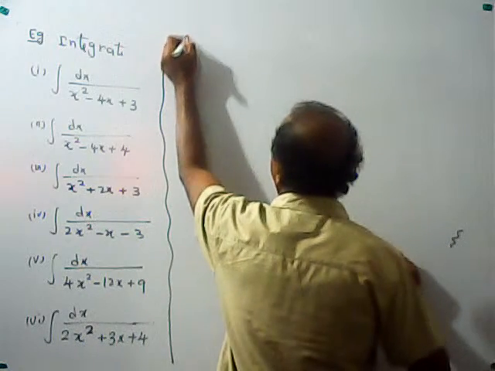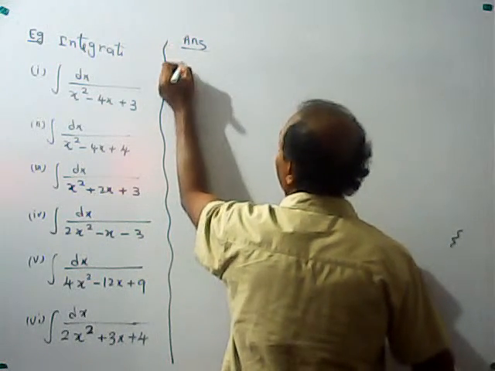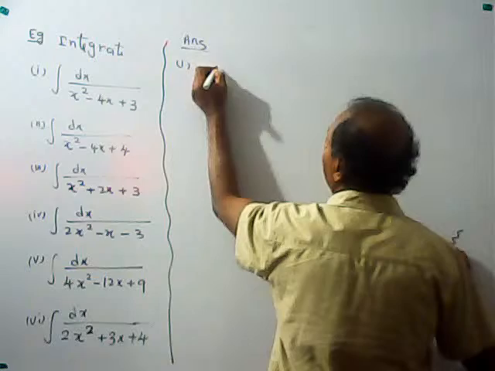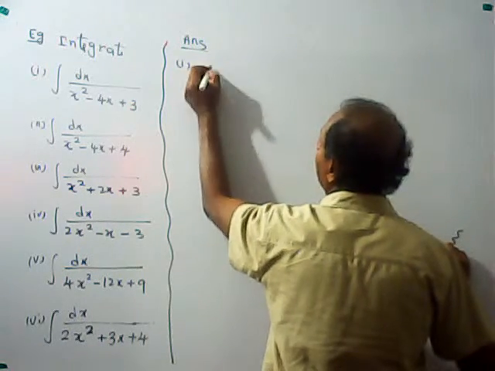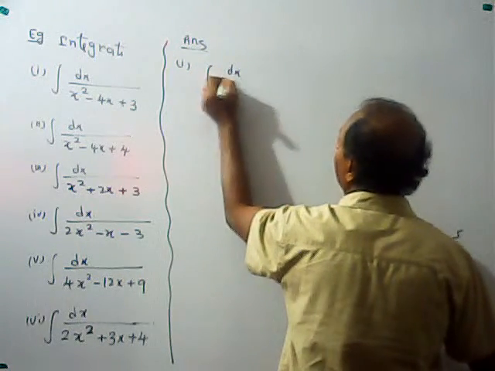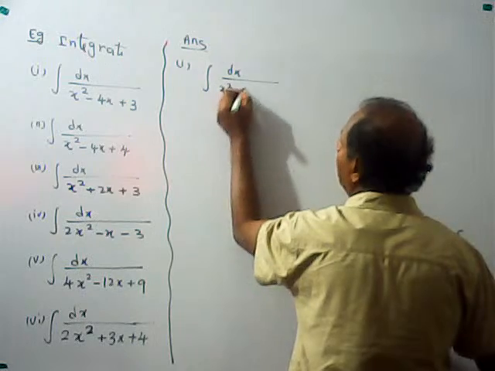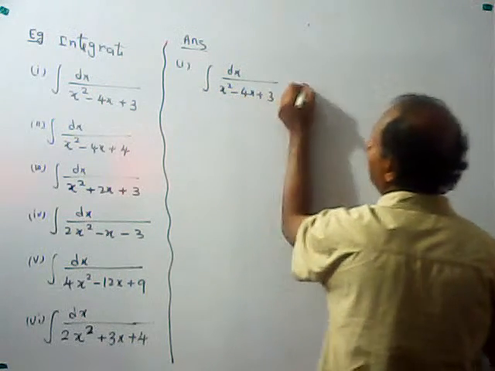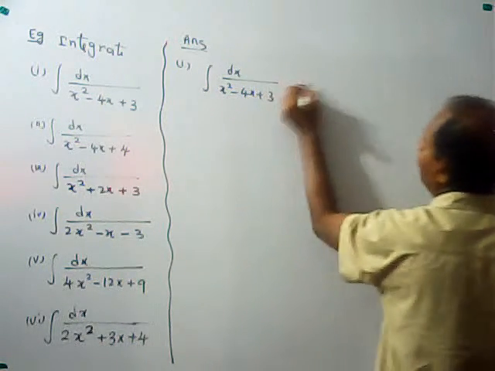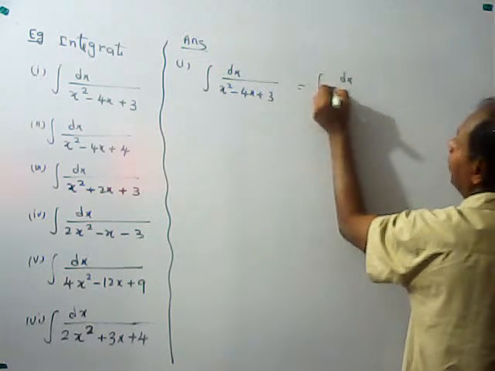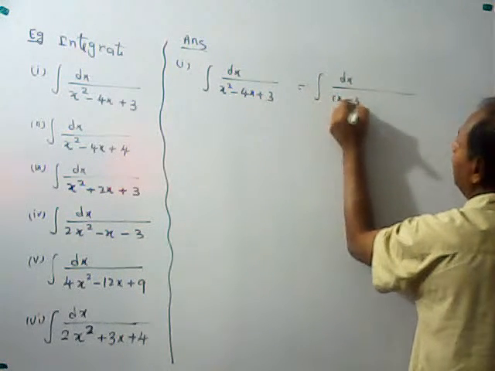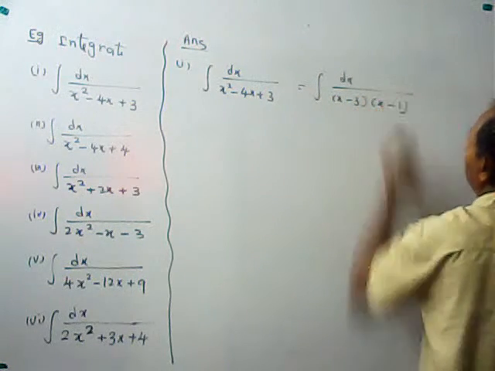Answer number 1. X squared minus 4x plus 3. This you can easily see factors. This is x minus 3 and x minus 1.